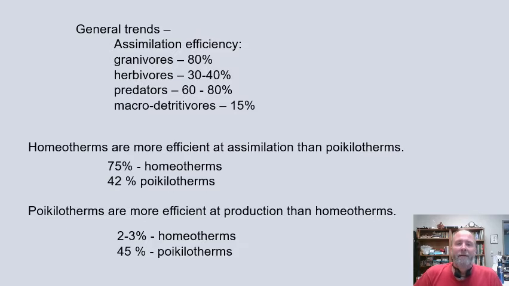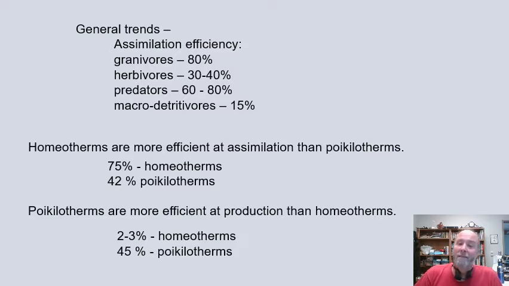We tend to be better at assimilating because, since we have a higher body temperature, we're better able to conduct metabolic processes efficiently and fast in order to break down the food we've eaten and absorb it, as opposed to cold-blooded animals, or poikilotherms or ectotherms, that aren't as good, because a lot of that depends on what temperature they're at. They're not able to maintain a constant body temperature, so they may not be that effective at assimilating that energy.